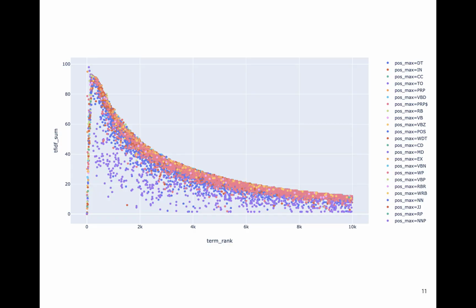So each dot is a word, and it's basically showing you its rank versus its sum, but also what part of speech it is. And you'll notice something interesting, which is that a lot of the proper nouns kind of drop out, as it were. So it looks like it's almost raining proper nouns. And so this looks like an interesting way that we might be able to actually statistically separate out parts of speech, which I think is interesting.